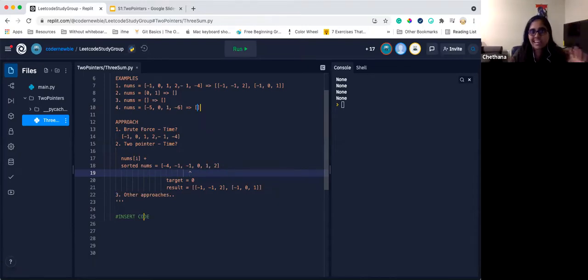Let's see here. Let's add our two actual pointers to wherever we want them to be: one to the end, and one right after I. This particular case is going to be weird, because this wouldn't give us the triplet that we want, but let's try here.